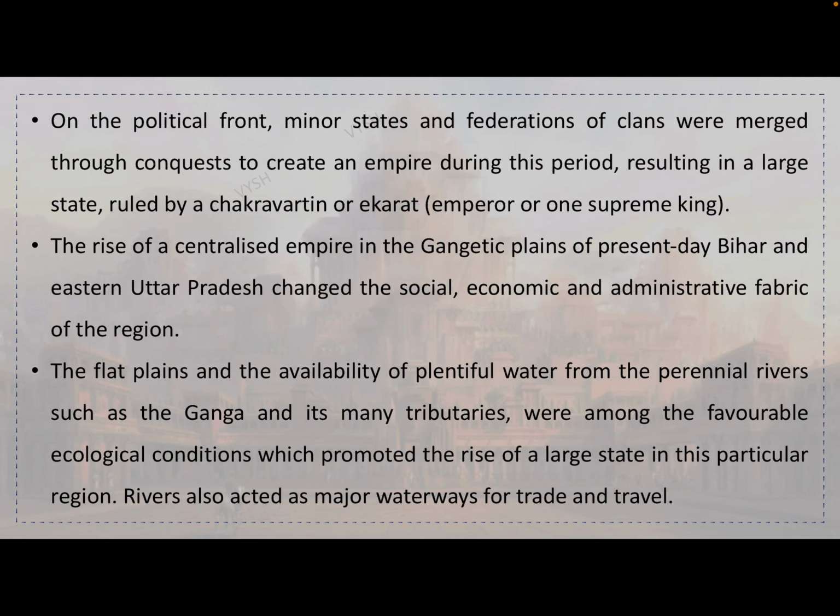On the political front, minor states and federations of clans were merged through conquest to create an empire during this period, resulting in a large state ruled by a Chakravartin or Ekarat, an emperor or one supreme king. Previously, there were a lot of small kingships, but now it's like a country where a supreme king will be there. Under him, a lot of governors and ministers will be taking care of different businesses.